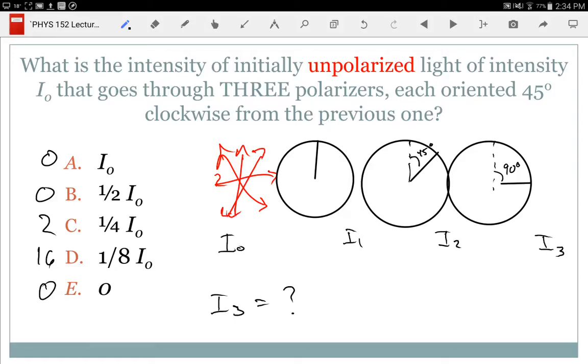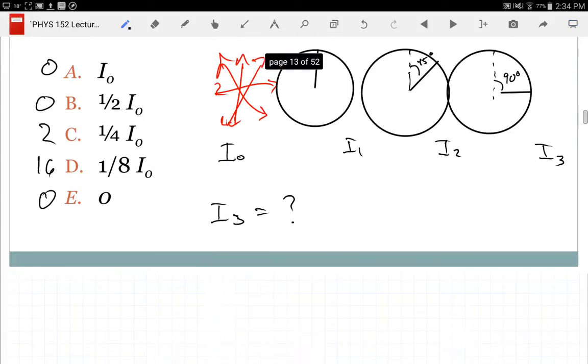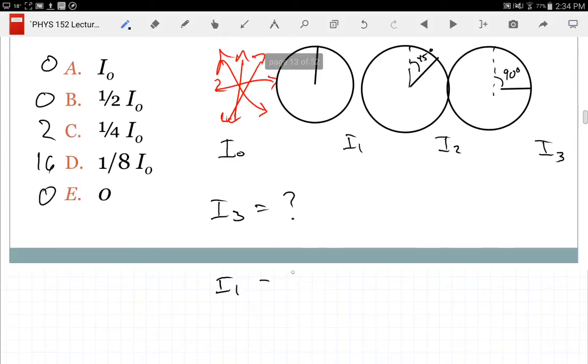So how much did the first polarizer block? Half. So we have I1 equals 1/2 I0. How much does the second polarizer block? It's 1/2 again. For those who don't understand why it's 1/2, cosine squared of 45 degrees is 1/2.